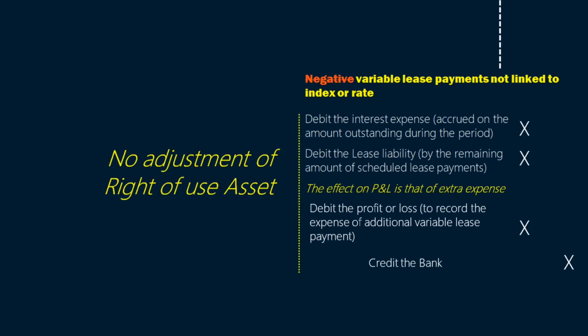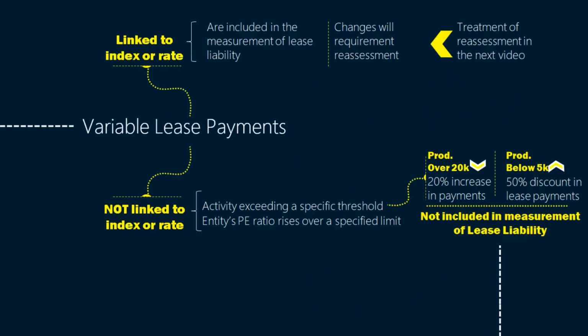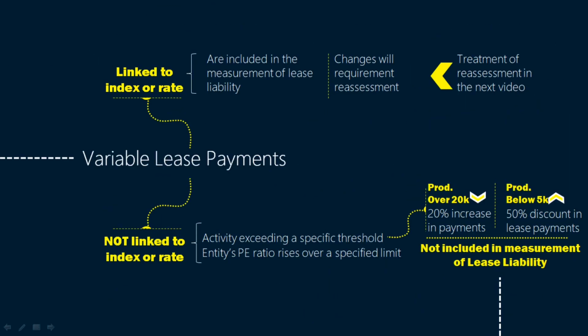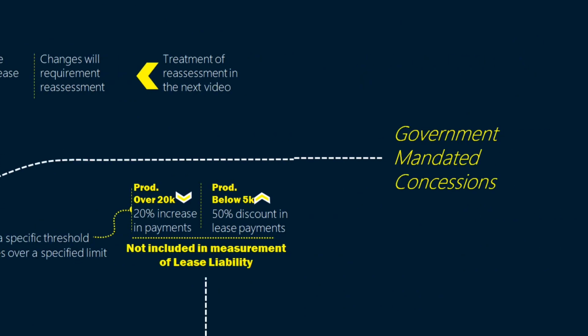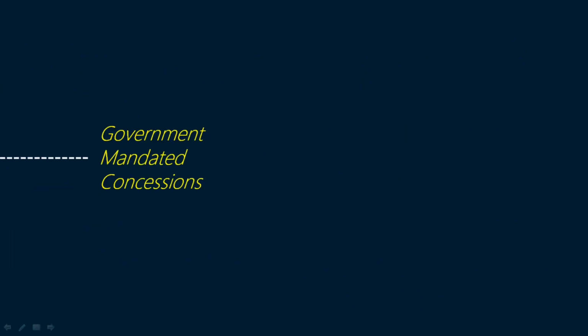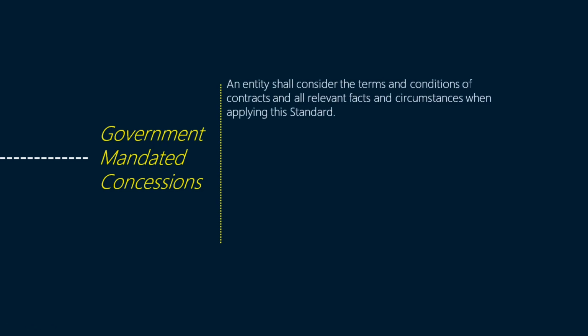Finally, similar treatment might apply in case of government-mandated rent concessions. Yes, government-mandated rent concessions may also be treated as variable lease payments not linked to interest or rate. But how? According to IFRS 16.2, an entity shall consider the terms and conditions of contracts and all relevant facts and circumstances when applying these standards.